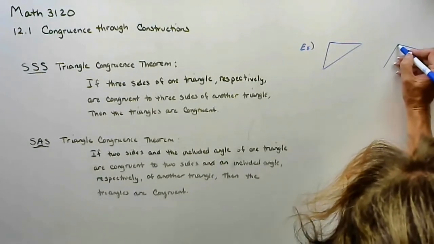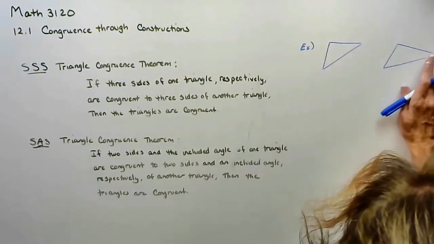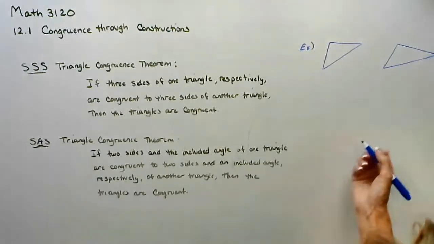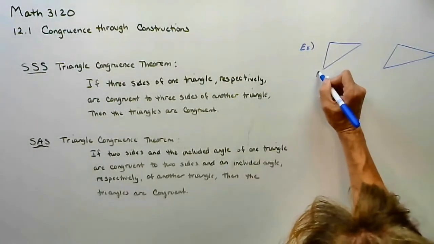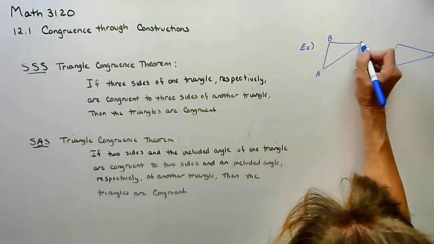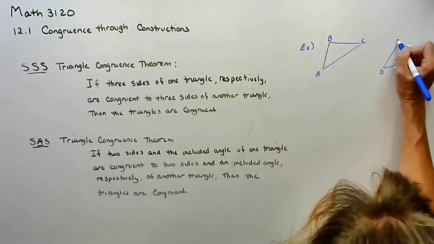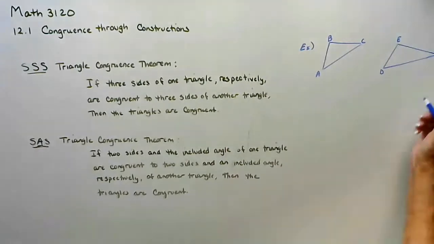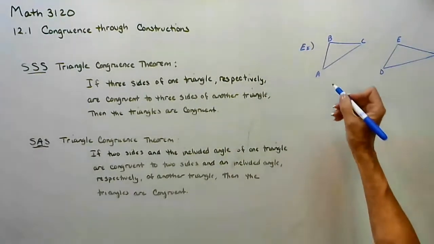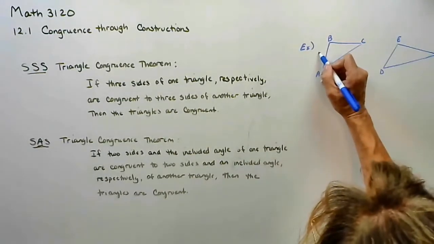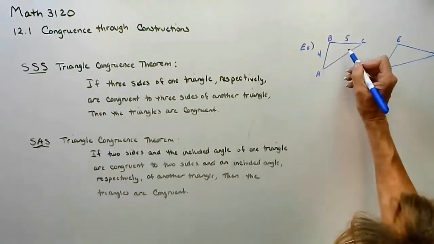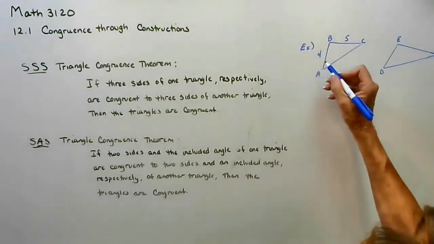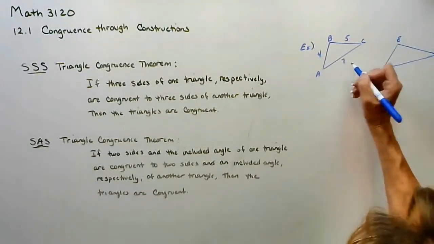There's another triangle. It's a little bit off, but I think it's good. And I call this triangle A, B, C, and D, E, F. And I tell you that this triangle, side A is 4 units long, side B is 5 units long, then side C is 7 units.